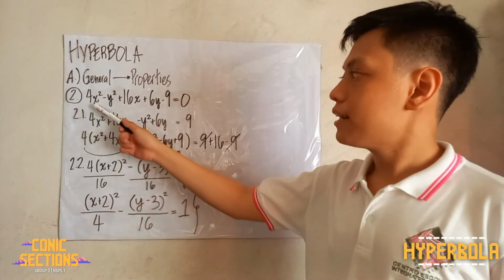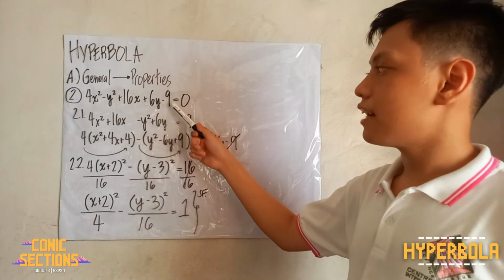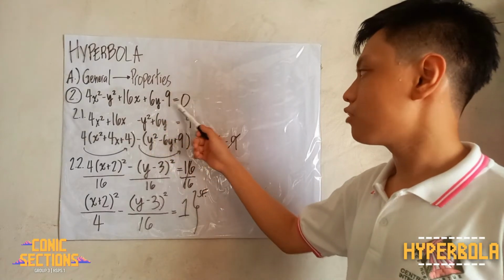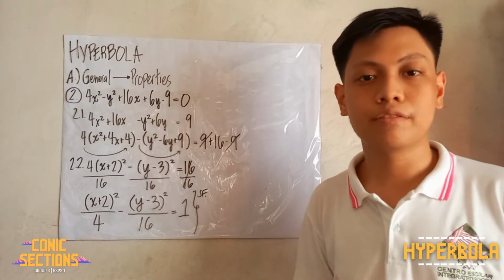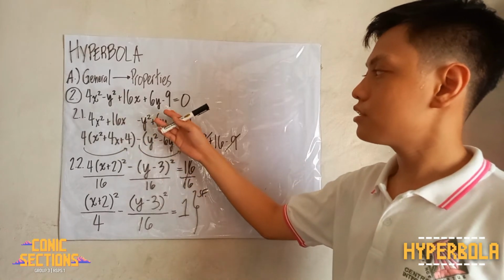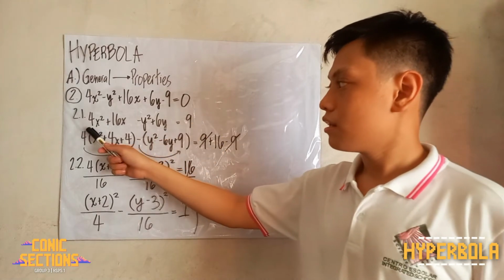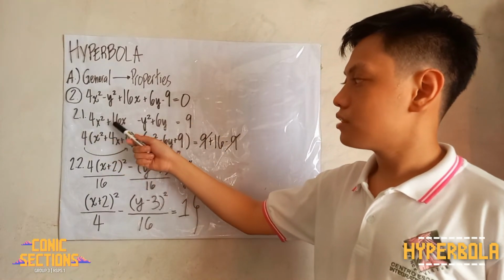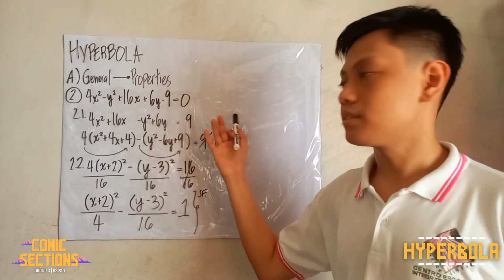We have 4x squared minus y squared plus 16x plus 6y minus 9 equals 0. So again, using the same process that we have used earlier, we will first group the terms and transpose this numerical value to the right-hand side of the equation. We are left with 4x squared plus 16x minus y squared plus 6y equals positive 9.